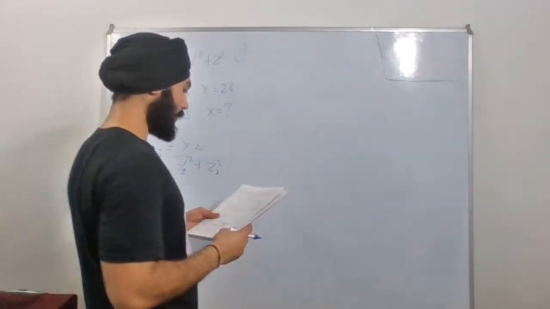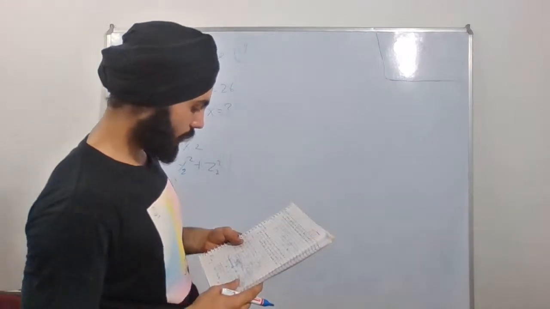Three quantities A, B, C are such that A is kept constant.